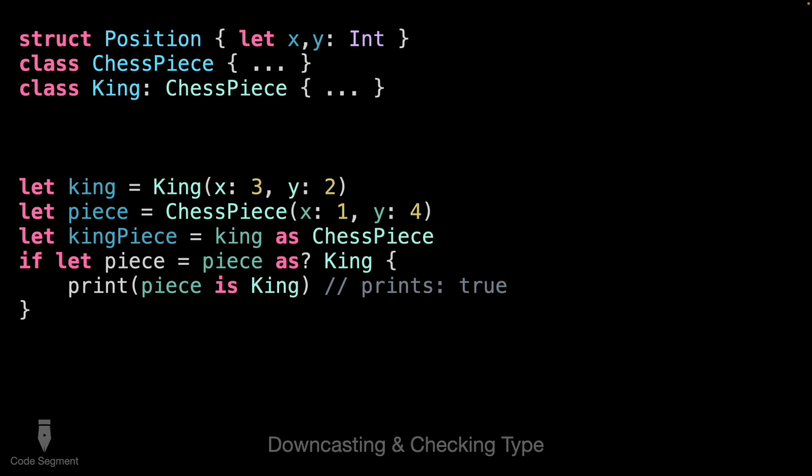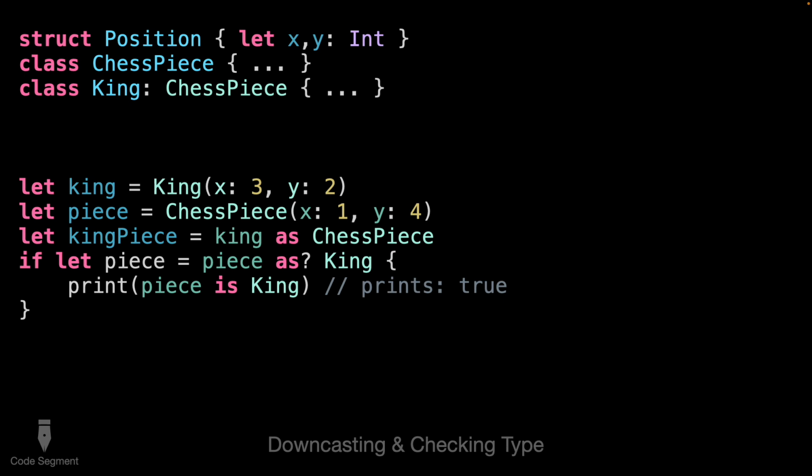If you want to reverse Uno card it, right, and go from, say, king as chess piece, this would have actually made way more sense if this was king piece here. So pretend that's king piece. King piece as king, question mark. What this does is says, hey, are you actually a king hiding beneath this chess piece? If you are, please return yourself as a king type, okay?